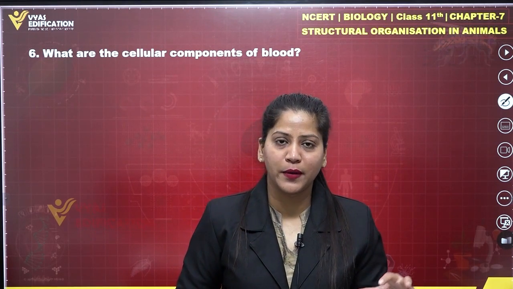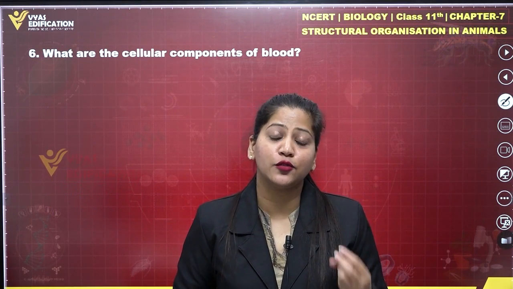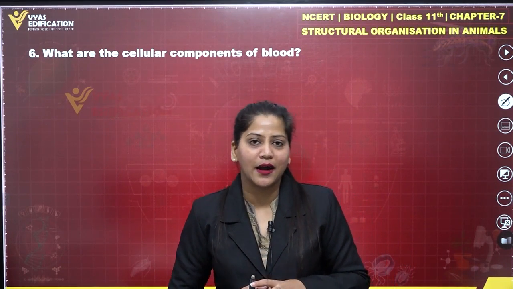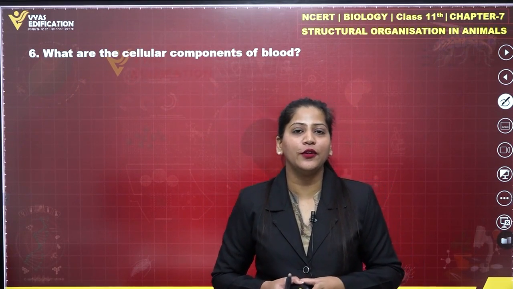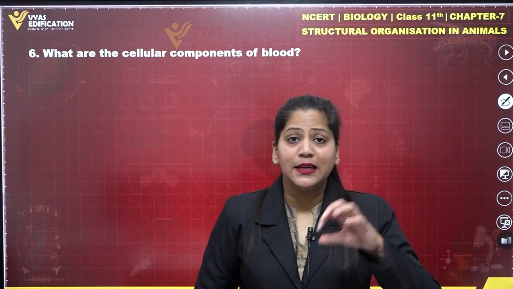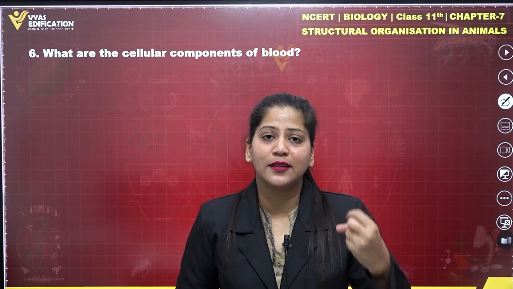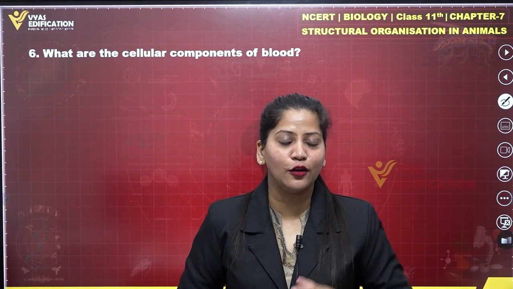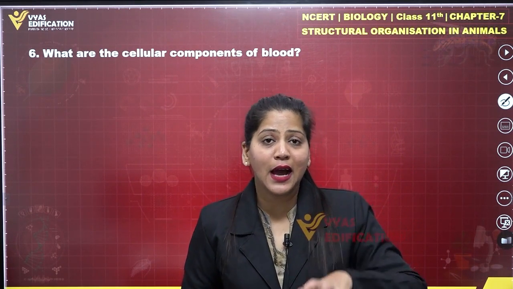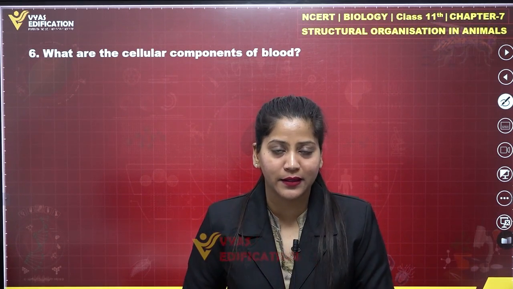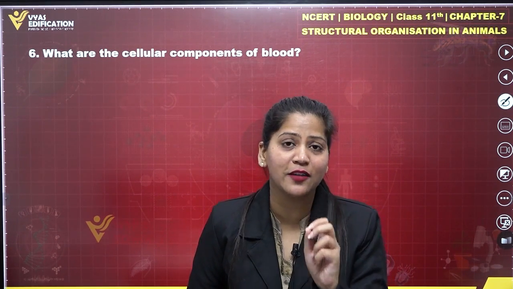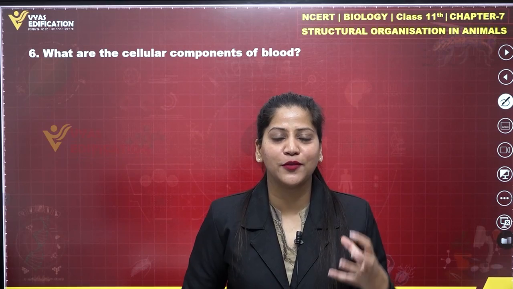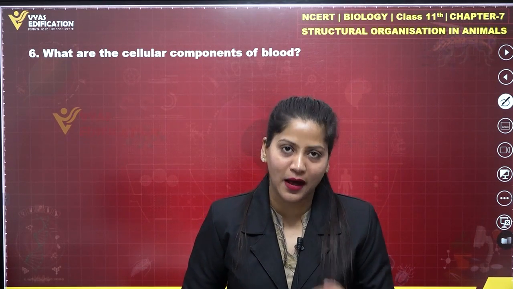So all these 4 components, erythrocytes, leukocytes, thrombocytes and plasma, are responsible for the formation of blood, right? Now these cells, erythrocytes, leukocytes and thrombocytes, are the cellular components of blood, and they form 45% of the blood. The remaining 55% of the blood is formed from the fluid portion, that is plasma, right?